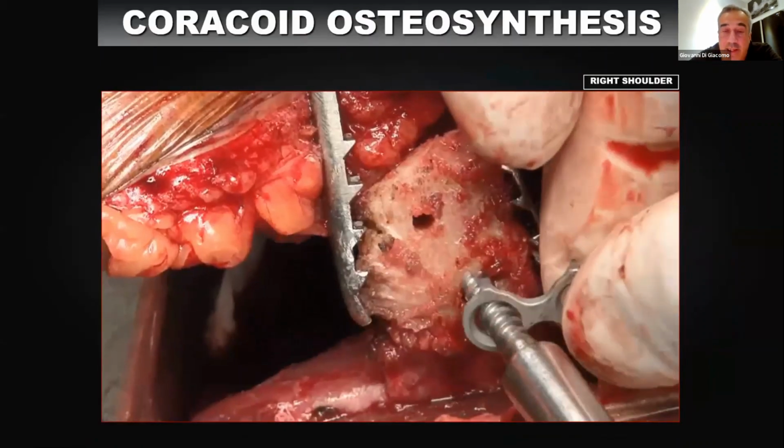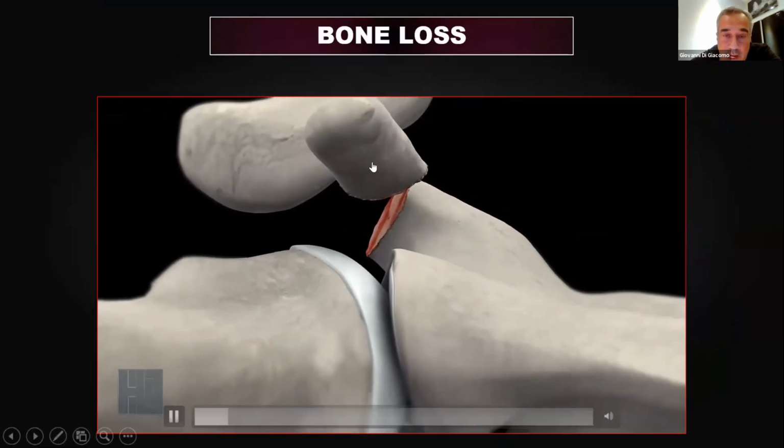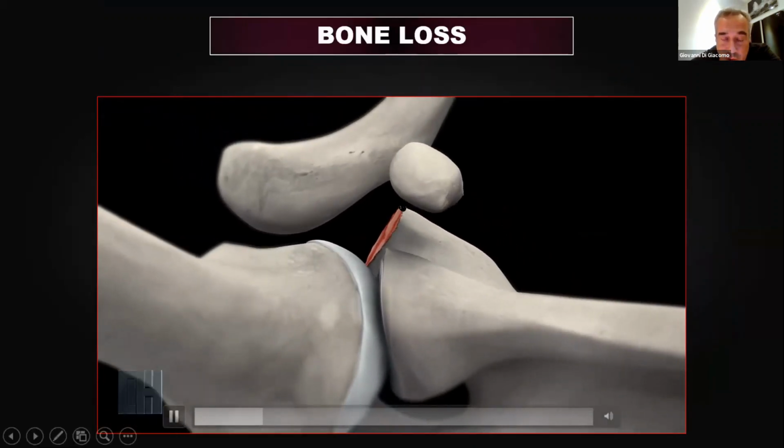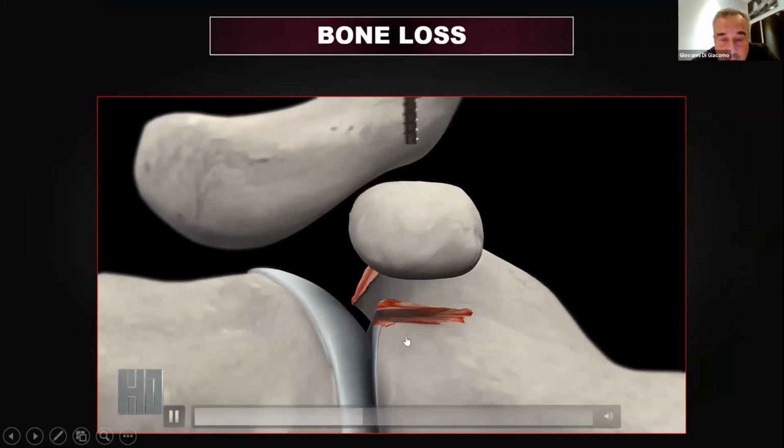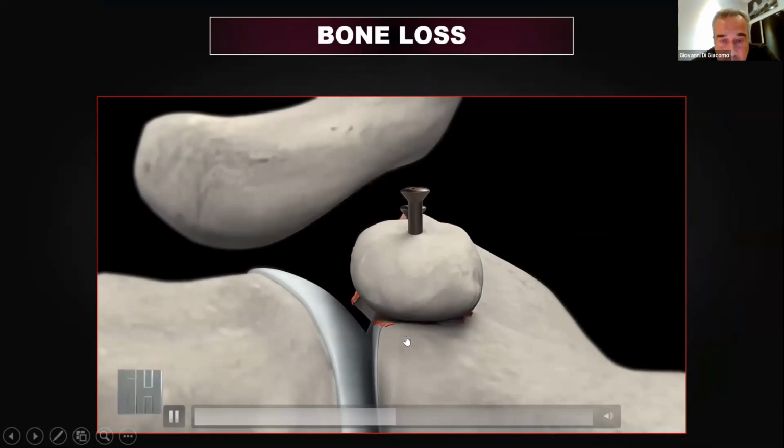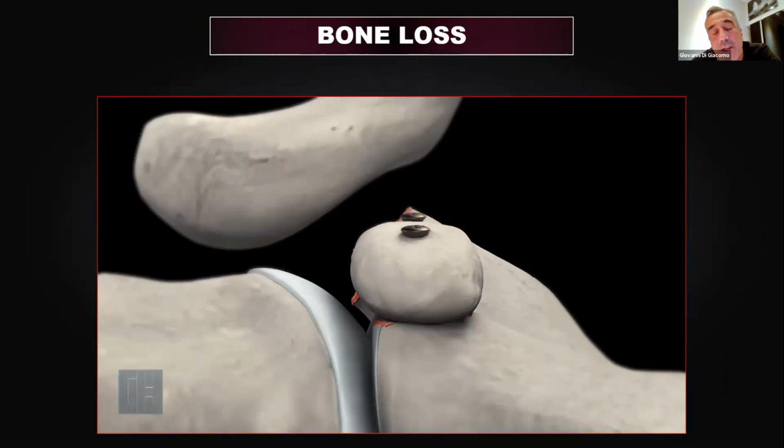And this is important, this video. You can take a look at this video. Look what happens if you don't have a huge glenoid bone loss or you have a huge glenoid bone loss. If you have a huge glenoid bone loss, you don't need the plate. You need 2 screws because it's flat. The problem is when for some reason you do the Latarjet with a minimal glenoid bone loss.